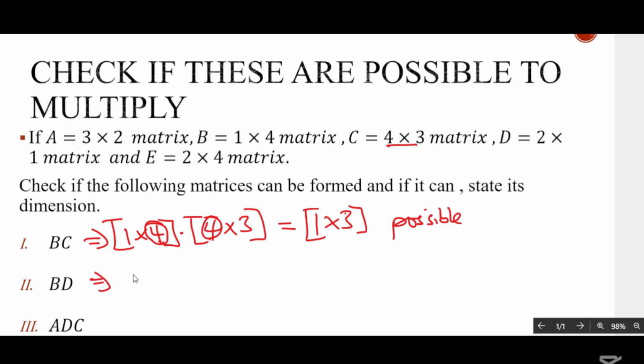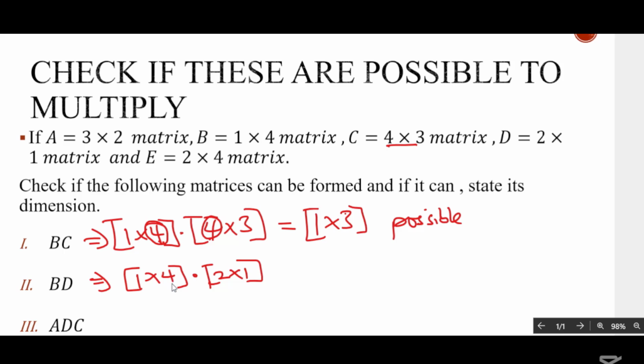Now let's check the second one. B is 1 by 4, and then D is 2 by 1. Great. Now let's check the dimensions and see.